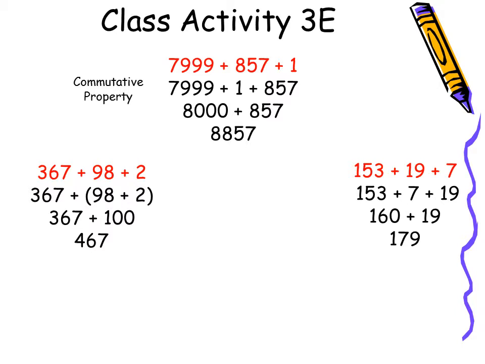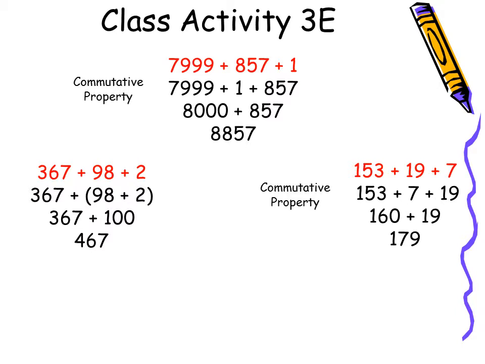Then I will use the associative property to add that 7 with the 153 instead of the 19. So I use two properties. First the commutative property, then the associative property to actually group the 153 and the 7 together to give me my 160 plus 19, which is 179.